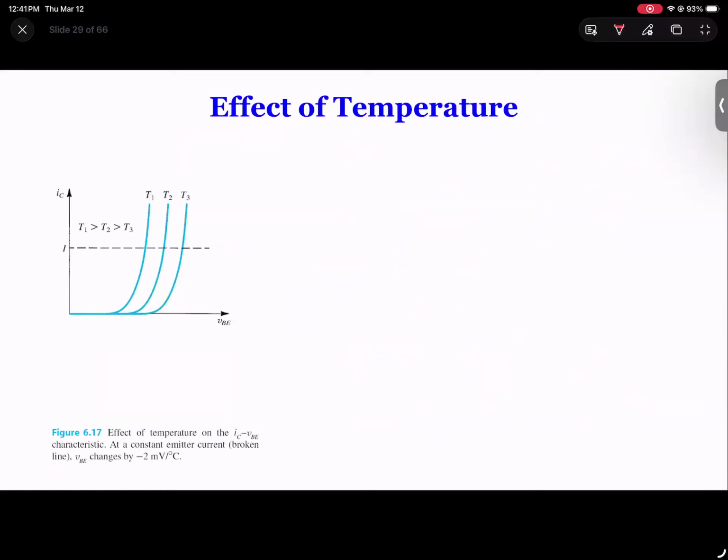As temperature increases, your current becomes smaller. T1 has the highest temperature, T2 is second, and T3 is the lowest. This is because as temperature increases, VT increases, and therefore current becomes smaller purely by this equation. So there's nothing special about it.